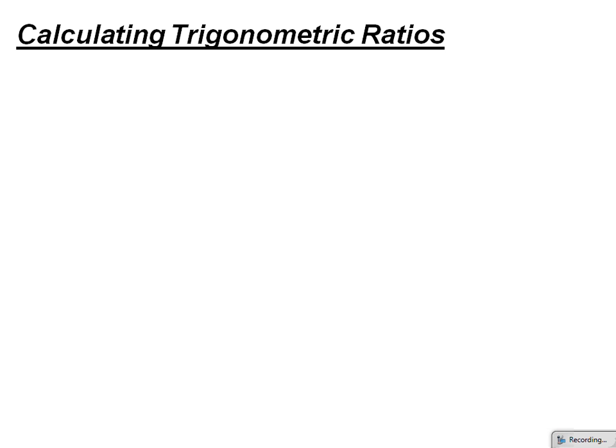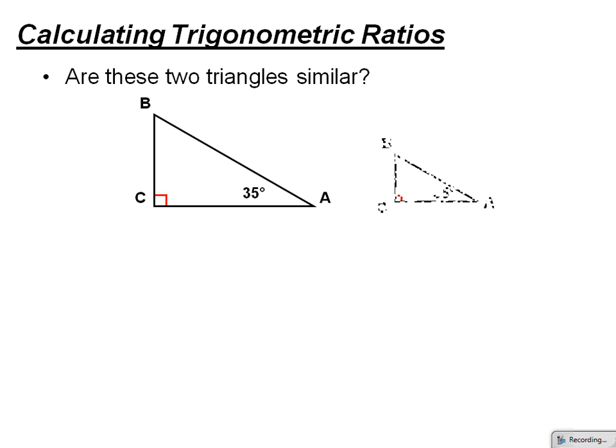So to calculate trigonometric ratios, let's say in these two triangles, we have a 35-degree angle and a 90-degree angle. So since both triangles have the same two pairs of angles, then they are similar by the AA similarity conjecture.